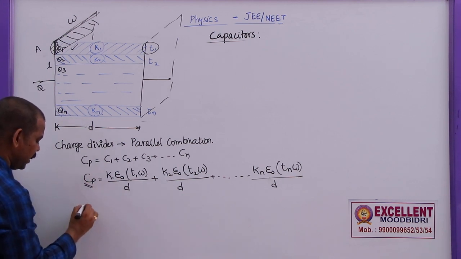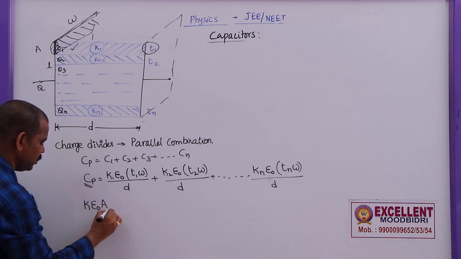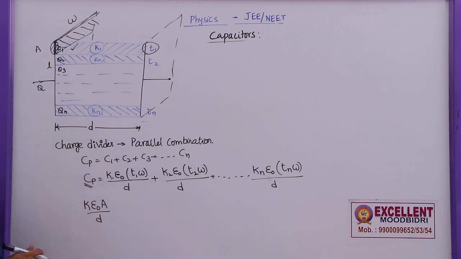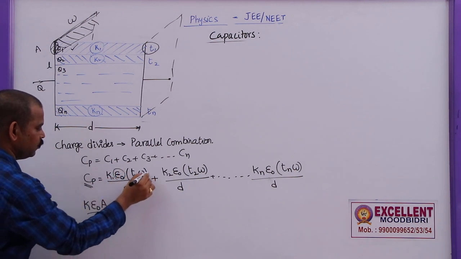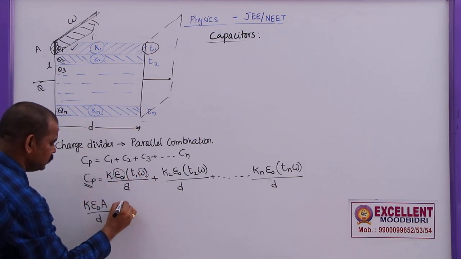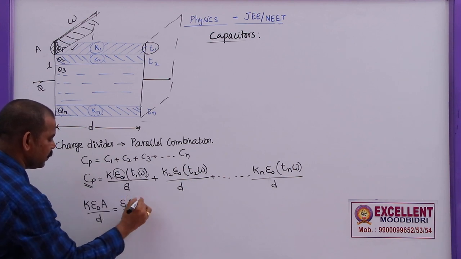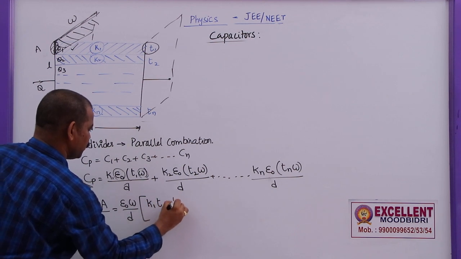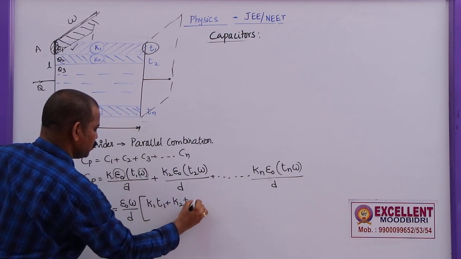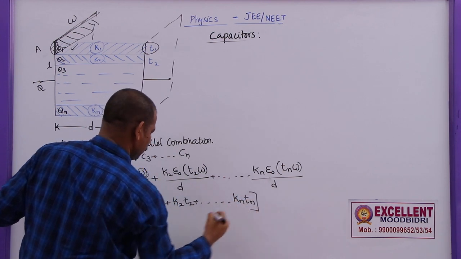Cp can be written as K epsilon naught A by D. So, here epsilon naught, W and D are common. So, epsilon naught W by D into K1 T1 plus K2 T2 plus Kn Tn.